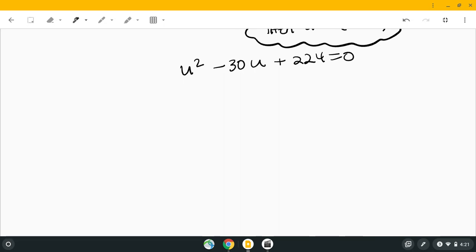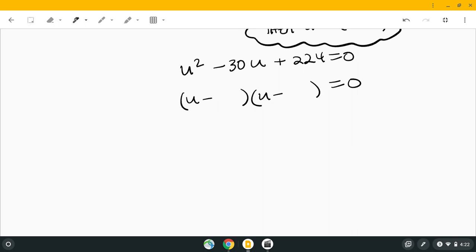Okay, so this here, I believe, is u times u. Signs have to be the same, both of them negative. And I believe it is going to be 16 times 14.